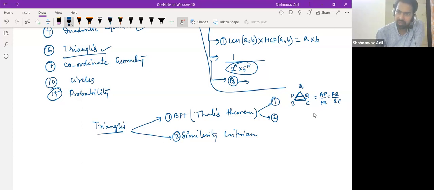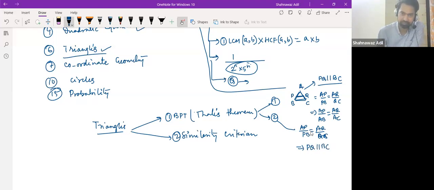And we can also write it as AP by AB equal to AQ by AC, because we had PQ parallel to BC. And the second was that if AP by PB is equal to AQ by QC, then we have PQ parallel to BC. So this was the converse of this theorem.